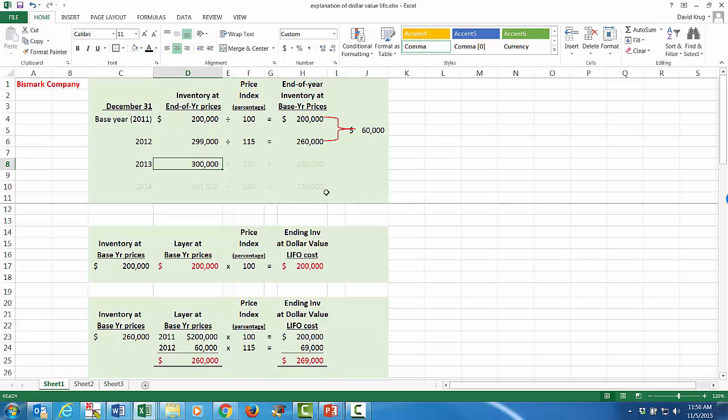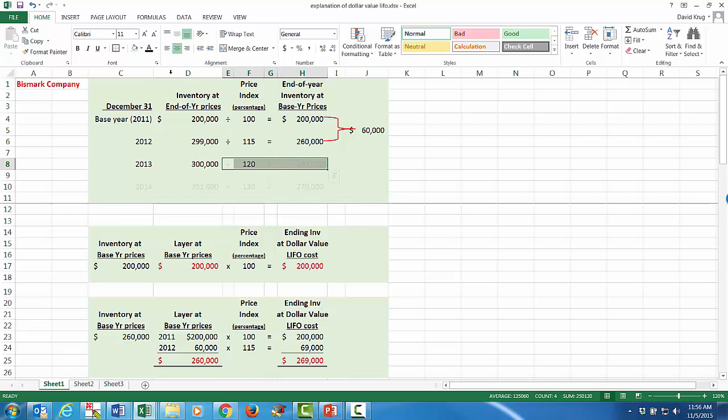Okay? Well, we're told that the price index is 120 from 2013 to 2011. In other words, they're saying 2013 prices are 20% higher than 2011 prices. And again, this might be the CPI, this might be from a trade association journal or whatever. So what we're going to do is the same methodology.